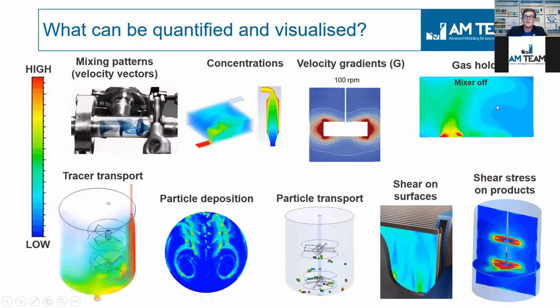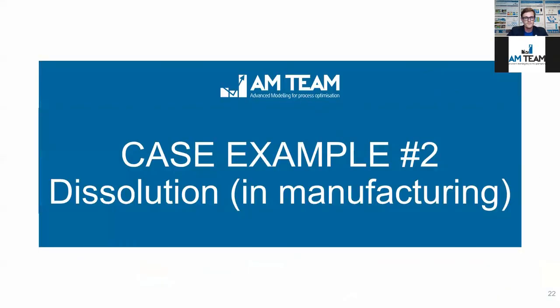You can also look at gas holdup. This is a bioreactor case where we look at the oxygen, in this case pure oxygen, and how it distributes with the water. This slide illustrates that you can extract a lot of information out of CFD, and many of those variables are very difficult to measure in reality. Just think about shear, how you would actually measure that in a reactor.